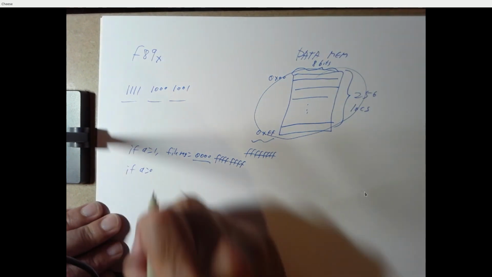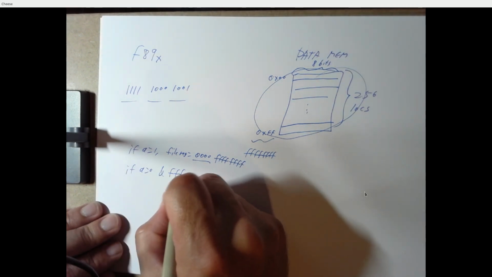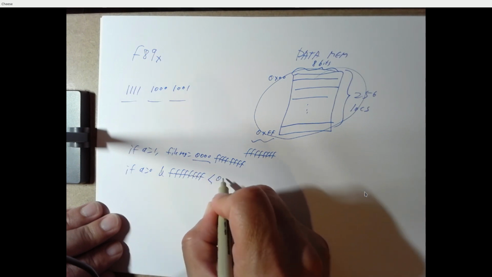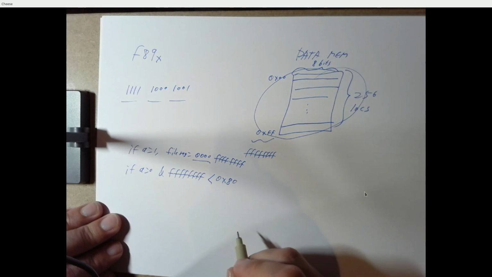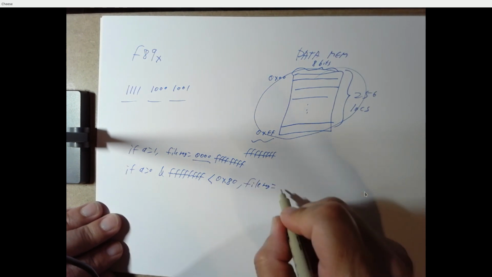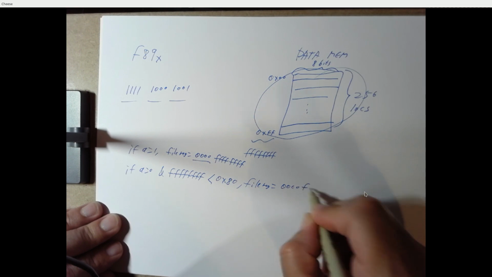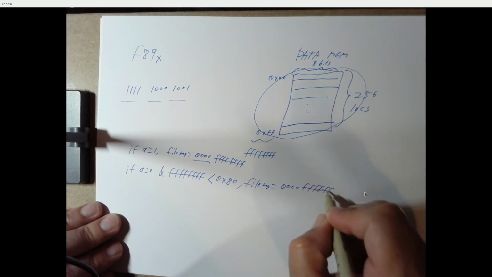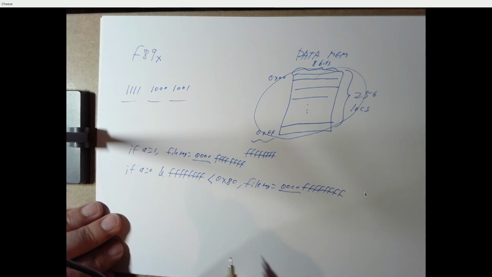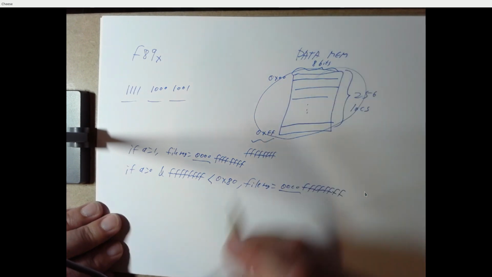If our access bit is 0, and we specify a file register less than hex 80, the file register is again the 8-bit address we specified prepended by zeros. Again, no change, we're accessing something up here.